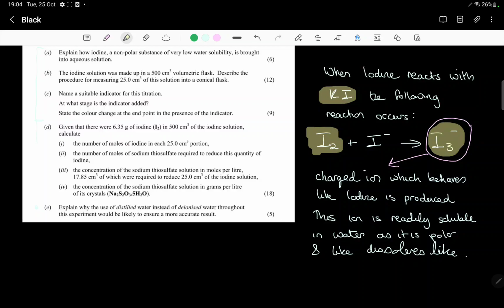Now this charged ion behaves exactly like iodine and is produced in the conical flask. The ion is charged, so it's readily soluble in the water as it's polar. Okay, so it has an overall dipole on the molecule. And because like dissolves like, this allows the iodine to be soluble within the water. And that's your answer. So now we're going to try and answer B.